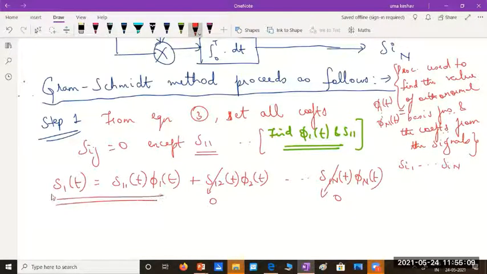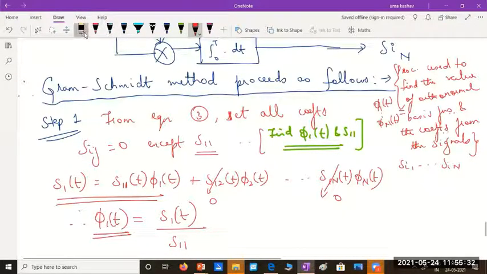So what remains is S1 is equal to S11 into phi 1. Therefore, what would be the value of phi 1 of t? Very easily, I can define the first orthonormal basis function. Phi 1 would be represented as the given signal divided by the coefficient. These coefficients need not be a function of t.